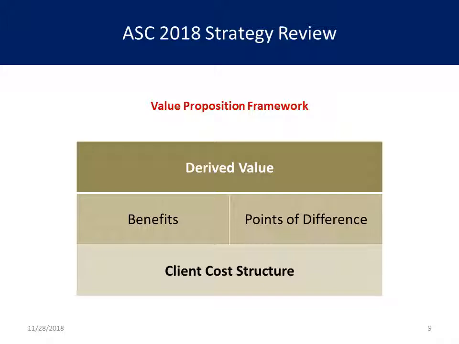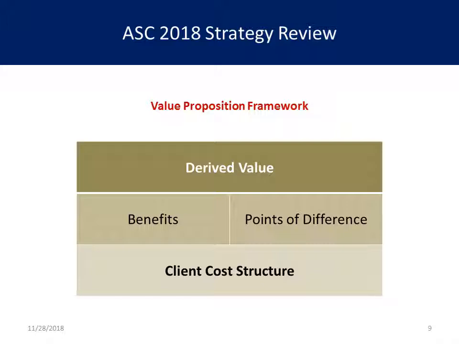In addition to benefits, what does an organization do differently or better or cheaper than rivals, competitors, or alternatives? That's an important part of a value proposition too, especially as it influences decisions that might be made by ultimate consumers or corporate buyers.